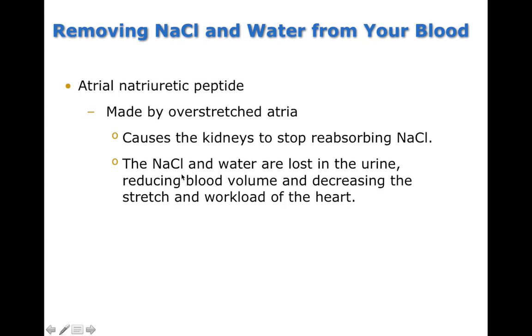And if you don't reabsorb these salts, then you can't reabsorb as much water, so it's going to increase urine output, decrease blood pressure, and decrease the stretch on your heart as well as how much work your heart has to produce. So what's really neat is that this is a hormone your heart secretes in response to high blood pressure, which ultimately helps protect the heart itself.